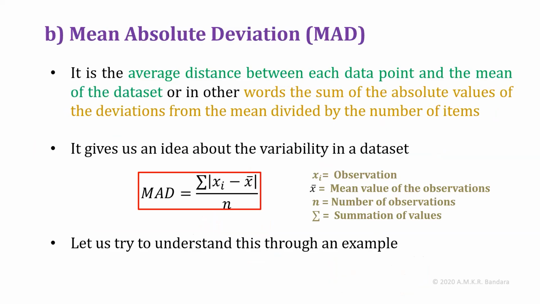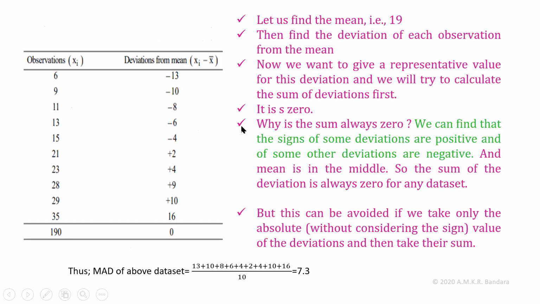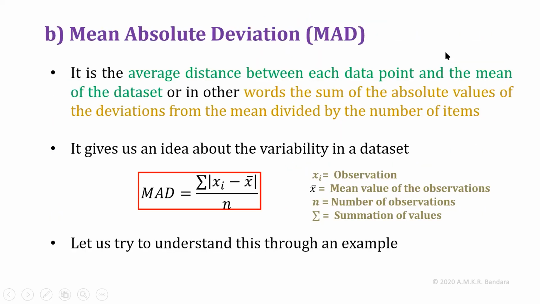To overcome that problem, the statisticians have defined another measure of dispersion called mean absolute deviation. Here, mean absolute deviation is calculated by deducting the mean of the data set from each and every observation.